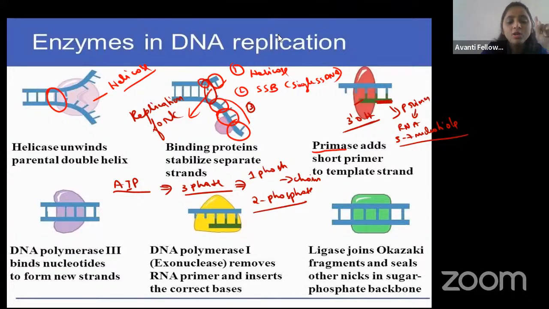Always remember, guys, 2000 nucleotides per second it will add.